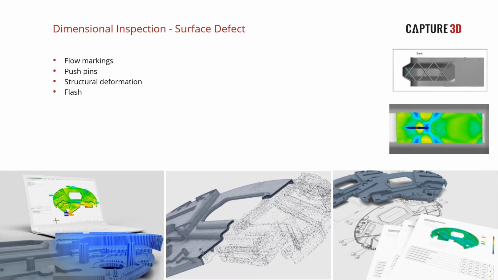With this information, we are able to see the overall surface changes in a part that a normal touch-based inspection process would miss because of the lack of the full field availability. David, could you explain how we can quantify these surface defects by using an ATOS system?